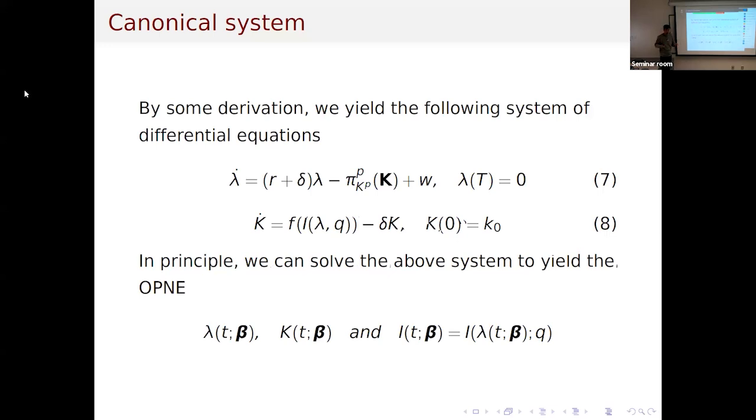Now our goal is to get some comparative dynamics, which means that we need to differentiate our solutions with respect to the parameters. What we are going to do is substitute these solutions back into equations 7 and 8 and differentiate with respect to the parameters of interest.